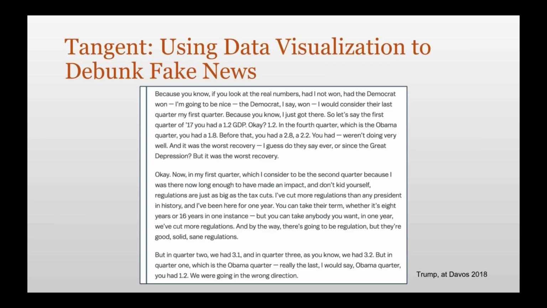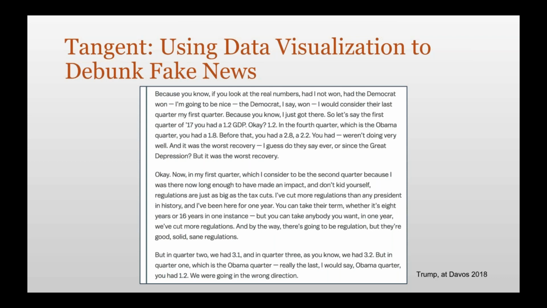So this is a similar tangent to what we were doing before. Don't try reading all of this, but this is basically a Trump talk from earlier this year. He was talking at Davos about the relative success of the economy under him versus Obama.